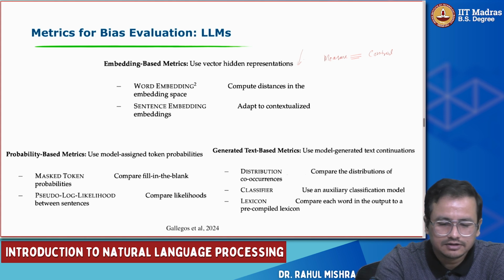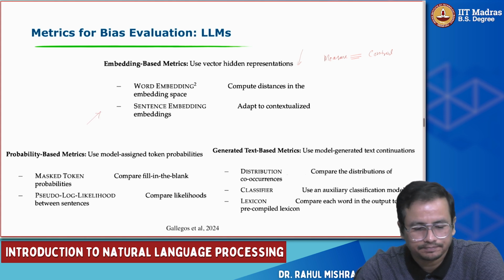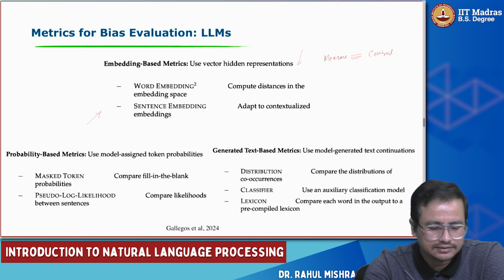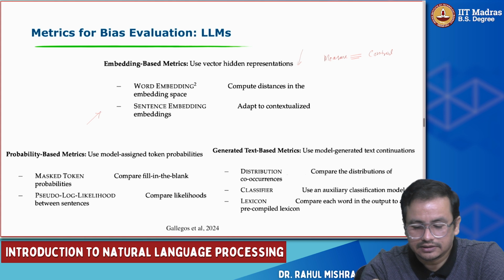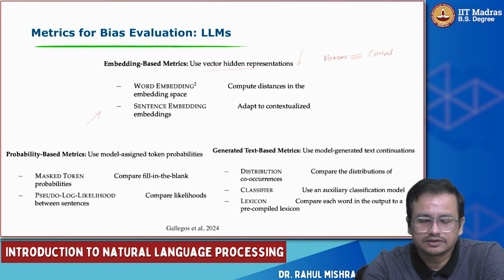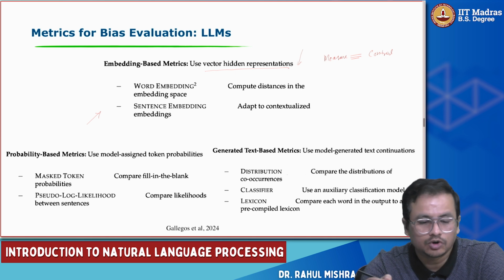So now we discuss embedding based metrics. There are three kinds of metrics: embedding based, probability based, and generated text based metrics. When it comes to embedding based metrics, as the name suggests, we work on vectors, where words are represented as vectors, or it could be sentences also.